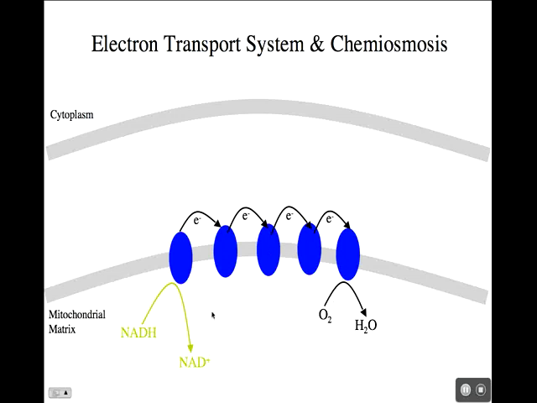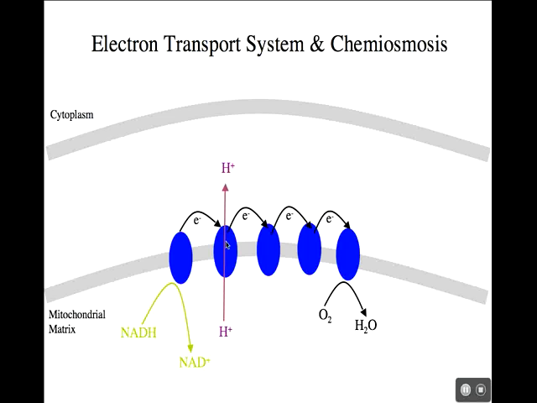Now, this is all well and good, but we haven't actually made any energy this way. We've just moved the electrons down. Well, it turns out that as electrons move from one protein to another, the energy of the electrons moving is used to pump a proton across the inner membrane of the mitochondria.